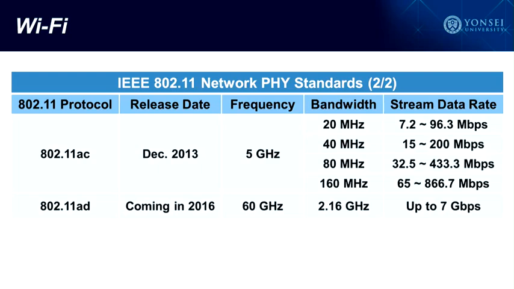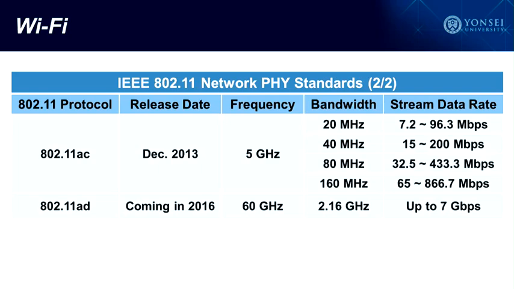Typically, the frequency range is the 5 gigahertz ISM band, and based upon the bandwidth, you could go up to 96.3 megabits per second, or now reaching into the hundreds of megabits per second, 200 megabits per second, 433 megabits per second, and even a remarkable 866.7 megabits per second, almost reaching the gigabits per second range.